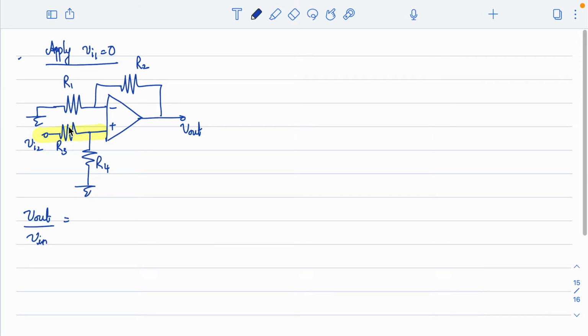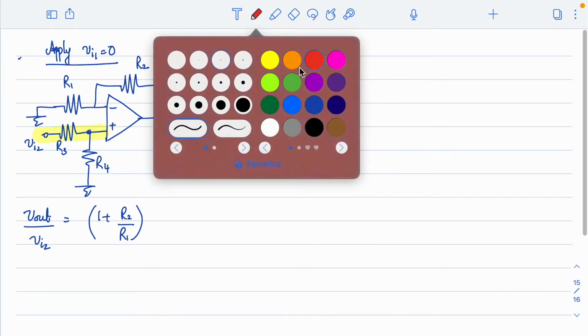Previously, in the absence of R3 and R4, the gain is equal to 1 plus R2 by R1, that we know, right? So Vout is equal to Vin into 1 plus R2 by R1. But now, let me write this as Vi2. But now it is not 1 plus R2 by R1, because we are applying Vi2 to this node, and what is the voltage coming at this point?